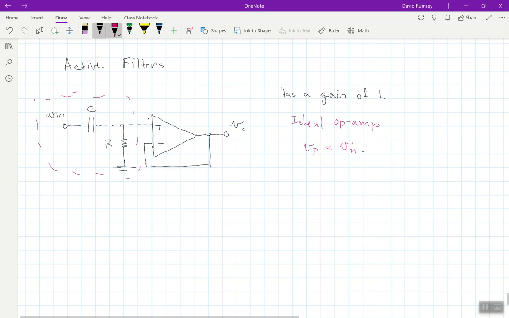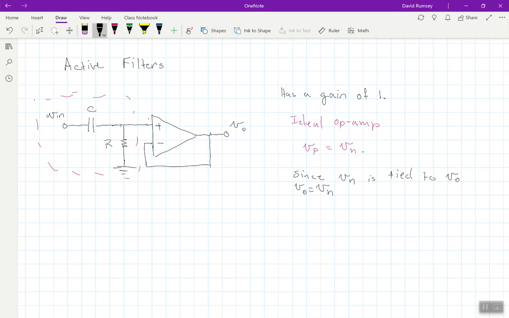And so, again, since Vn is tied to V out, V out is simply equal to Vn.